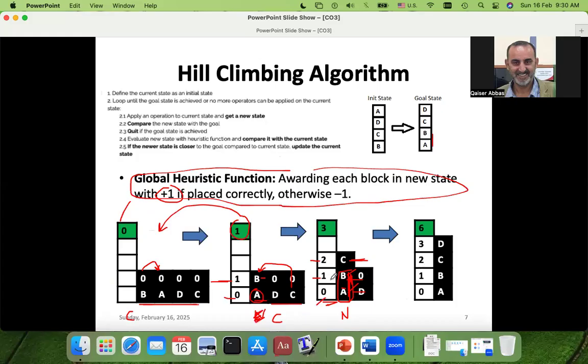Now if you sum up these values, the heuristic cost is 3. If you compare it with the previous one, you have the improvement. So this is the current, and you have the new state now. In the new state, you will move this D on the top, like here. Up to this, the previous values, then there's D. This D is in the proper place with respect to these 3.